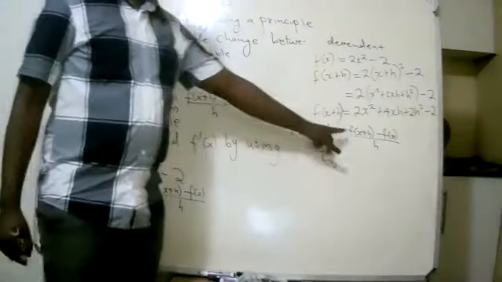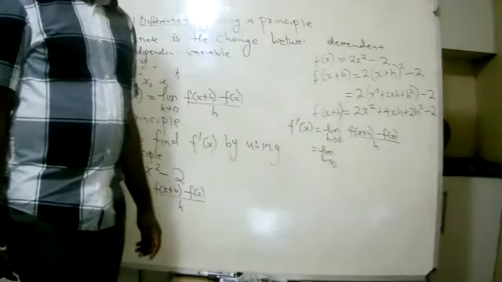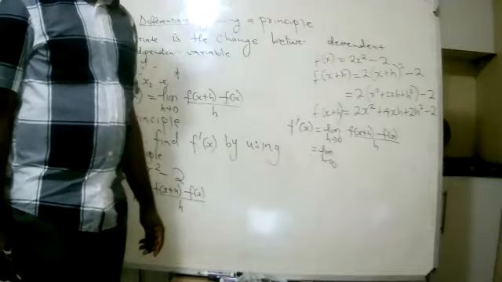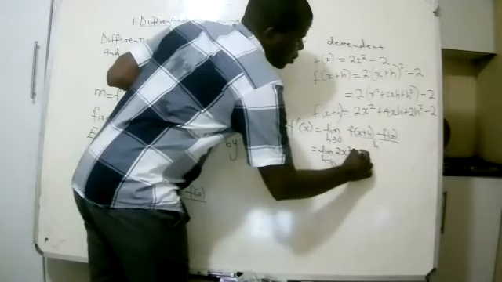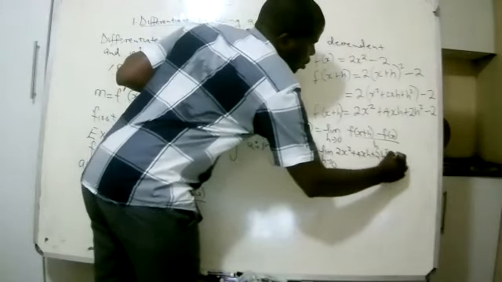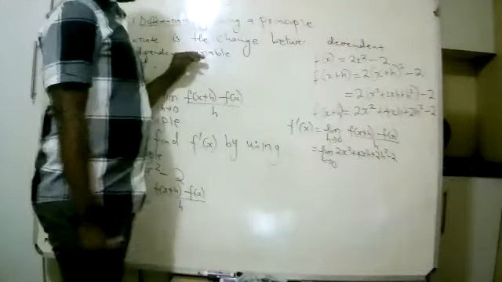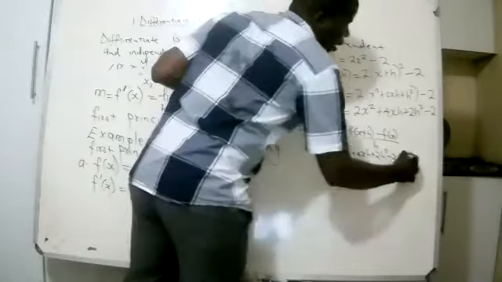The 2x squared plus 4xh formula. Yes, true. So we have to substitute that where we have f of x plus h.